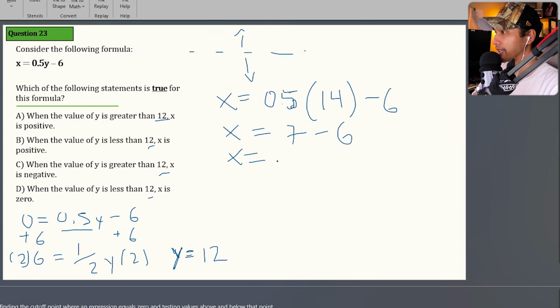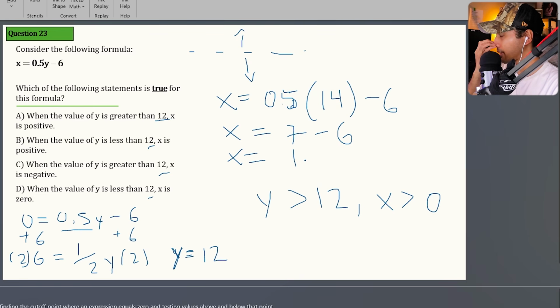And that's x equals 1, which is a positive number. So when y is greater than 12, x is positive, because we got a positive 1.